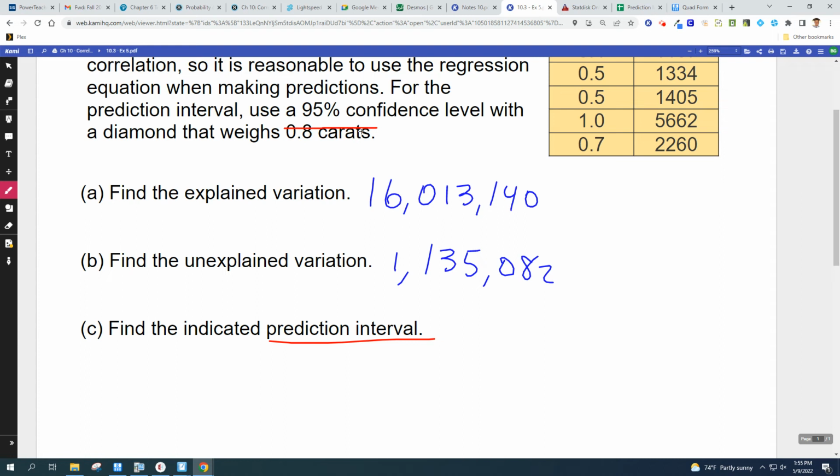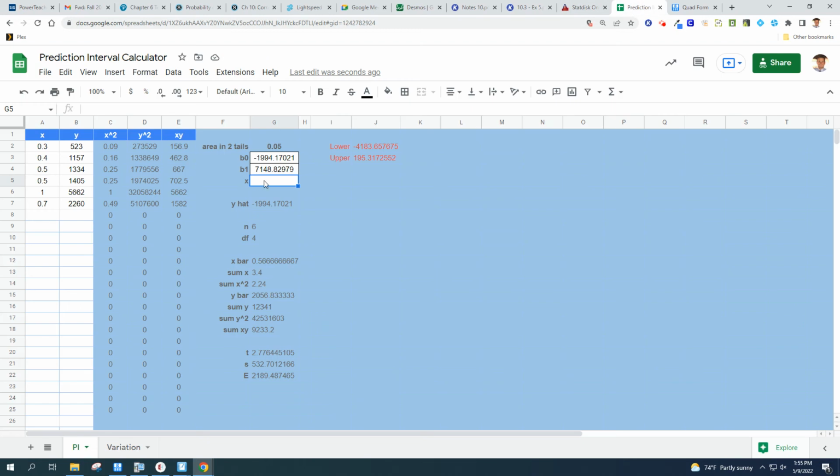And then X comes straight from the problem. They're going to have to give it to you right here. X is this 0.8 carats. That's your X number. And then they give you a lower and an upper. 2013 and 5437.